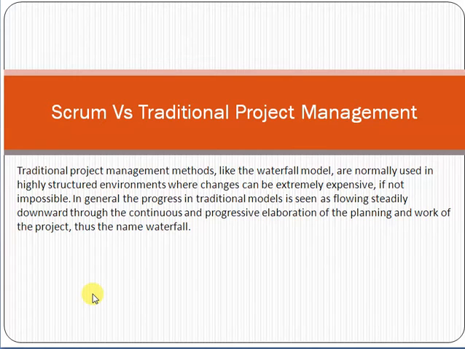Then sprint 2 will have the next 10 tasks, sprint 3 will have the next 10 tasks, and sprint 4 will have the last 10 tasks. In that way, friend, by the time we reach sprint 4, we complete all the tasks for the project, and we successfully complete the project.